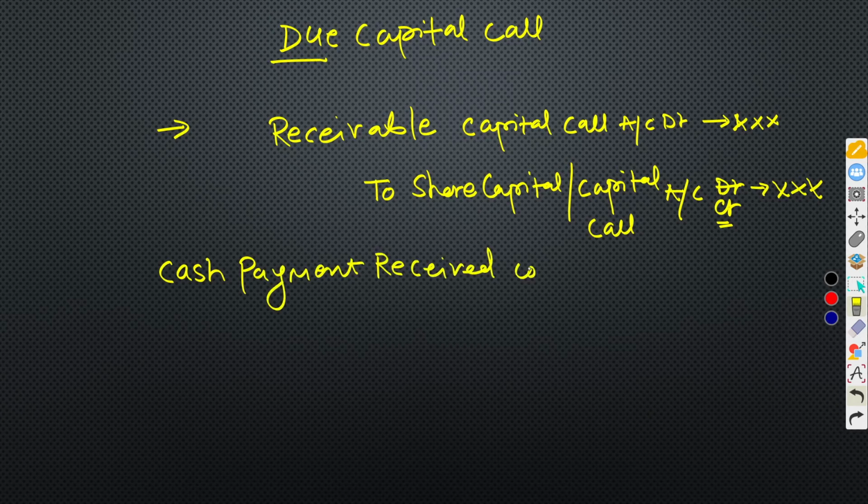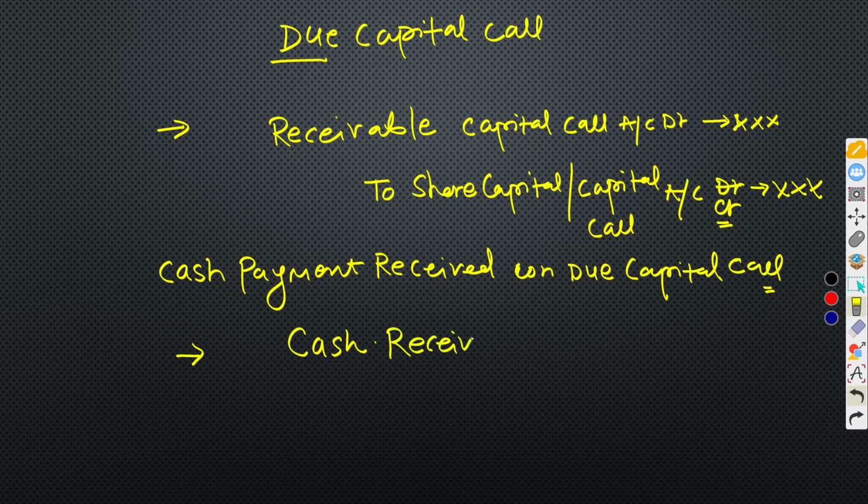All right. So next, when cash payment is received on a due capital call. Once you receive the amount on the due capital call, your accounting entry would be: cash received account debit, whatever the amount is, you can of course update, to the receivable.